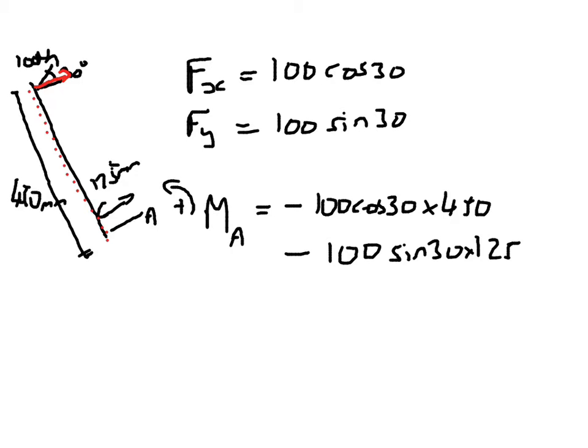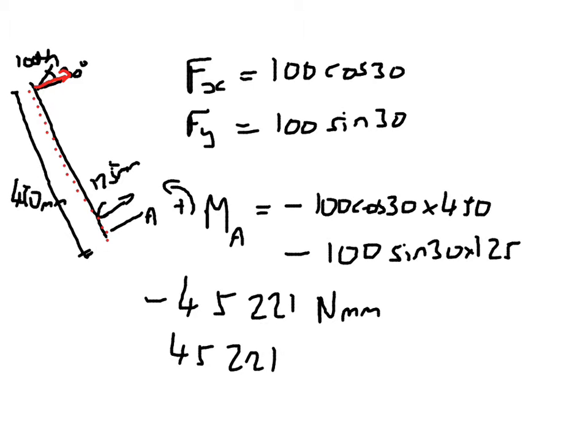So if I put those 2 numbers into my calculator, I'm going to get minus 45,221 Newton millimetres, or 45,221 Newton millimetres clockwise. So that's example 1 done. That is slightly different to the solution on the slide, which uses the wrong angle. The second angle is marked down as 20 and it should be 30 degrees.